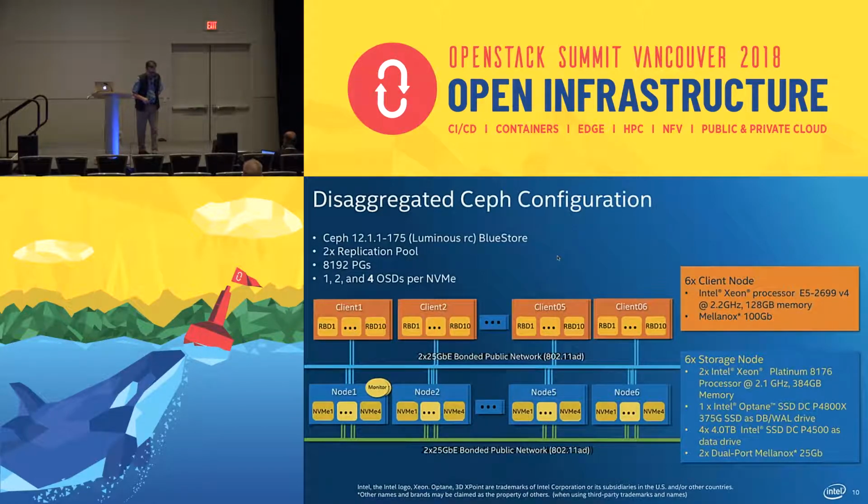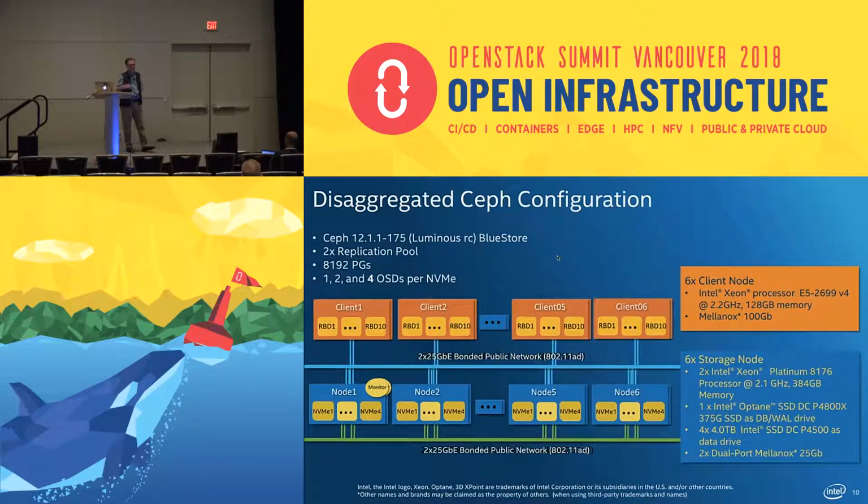Here what you're seeing is that we're only using 4 drives. We have one P4800, that's our Optane, or 3D Crosspoint, journal. It's small, 375 gigabytes, and then 4 terabyte NVMe SSDs, and then 2 dual 25s, so that's 50 gigabits per second of network.